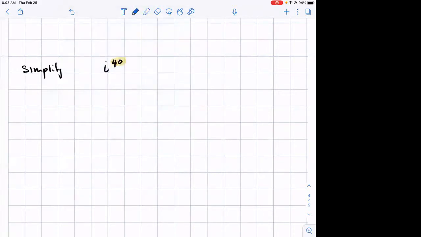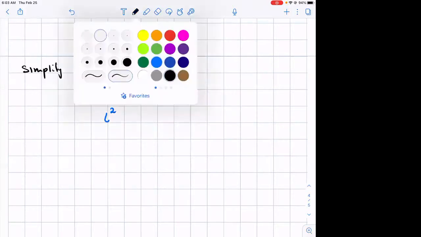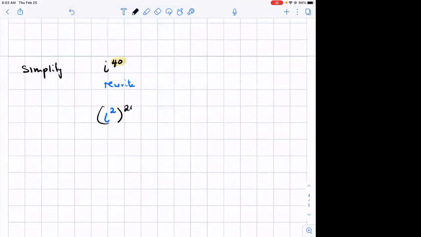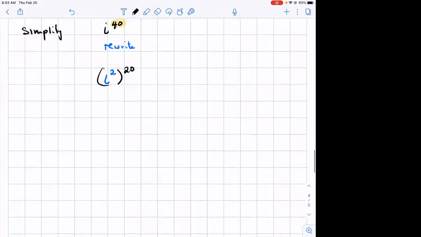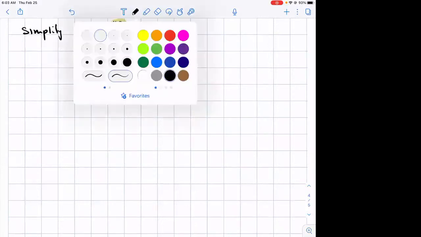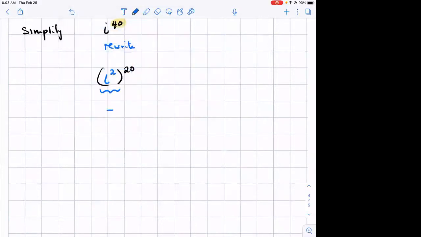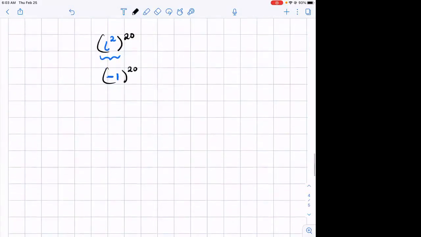So we rewrite as i squared raised to the 20th power, because 2 times 20 is 40. i squared we know is negative 1, so negative 1 raised to the 20th power. And any negative raised to an even power becomes positive, so this here is equal to 1.